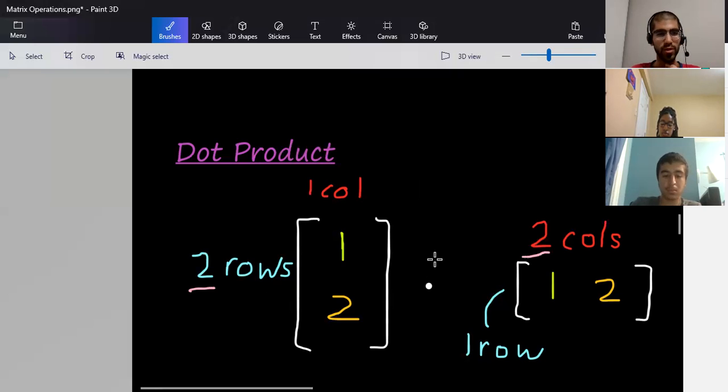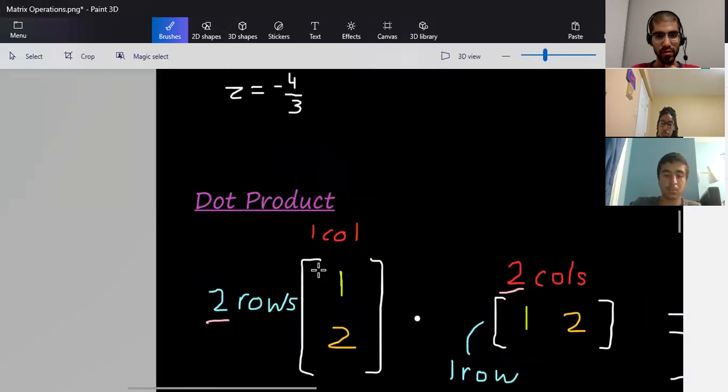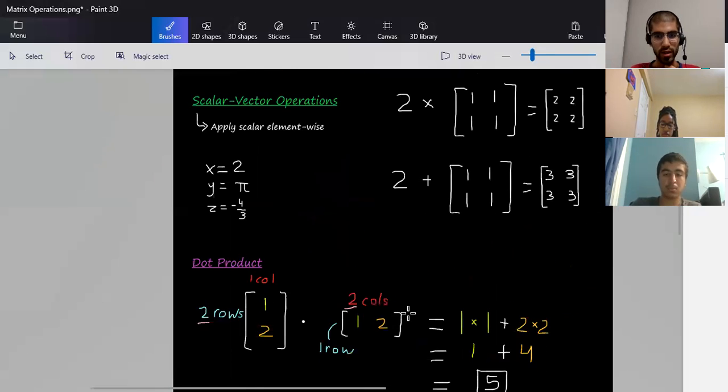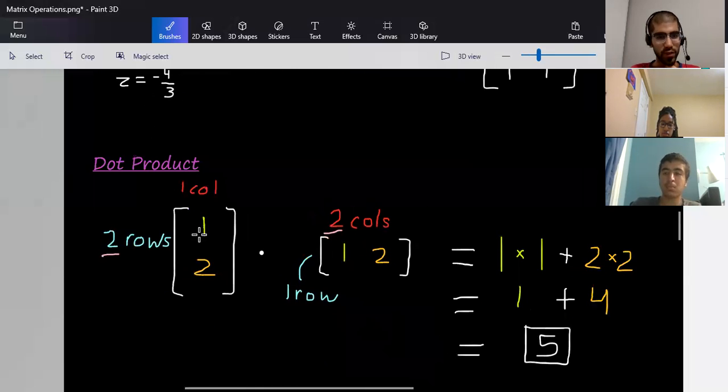Now, I'll explain what we're actually doing. What we're going to do is take the first element of the first vector or matrix, match it up with the first element of the second one, and multiply them together. As you can see, that's in light green. Then we take the second element and multiply with the second element. As you can see, that's in orange.